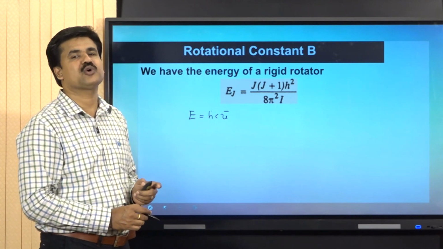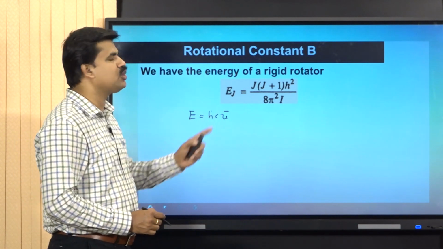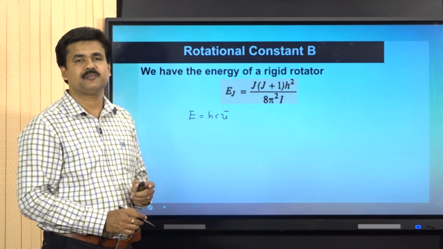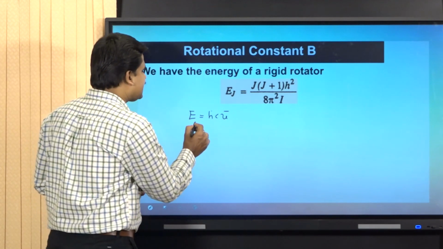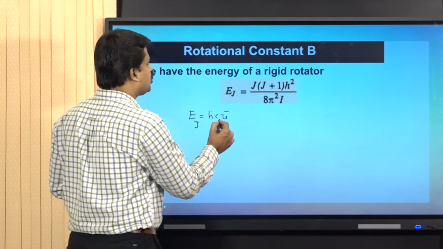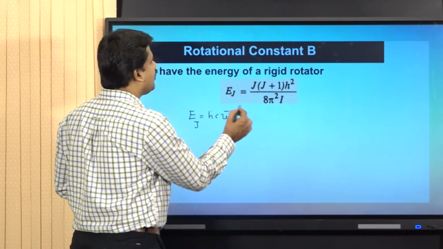That is the reciprocal of wavelength. Energy is equal to hc nu bar, where h is Planck's constant. So the energy of the jth level is equal to hc multiplied by nu bar j.